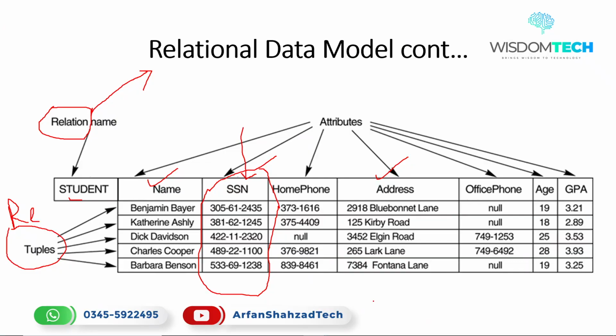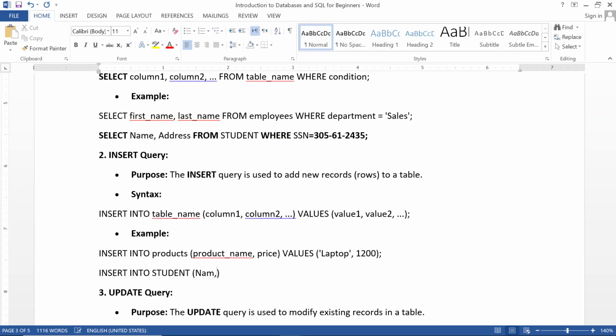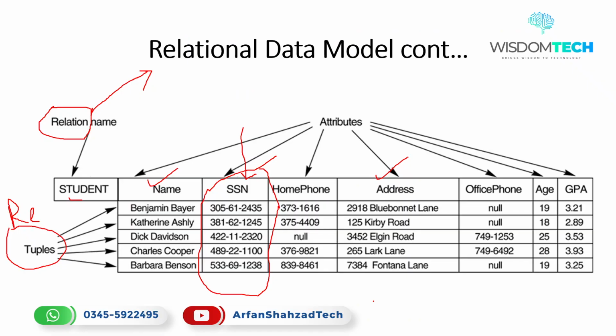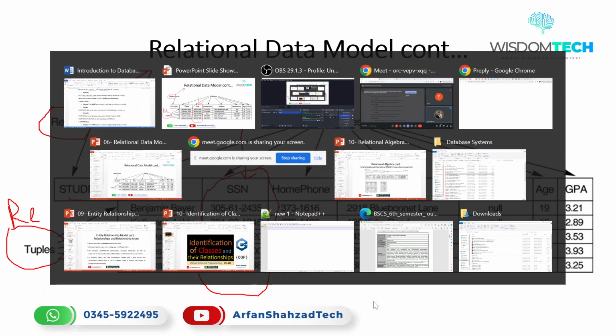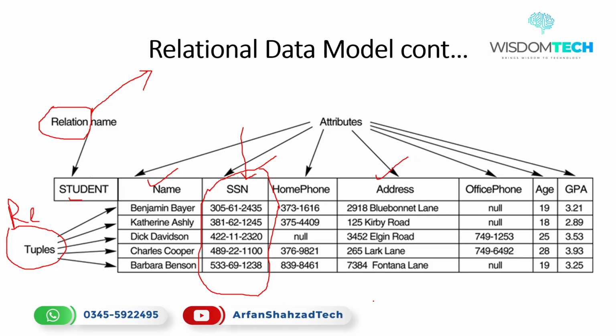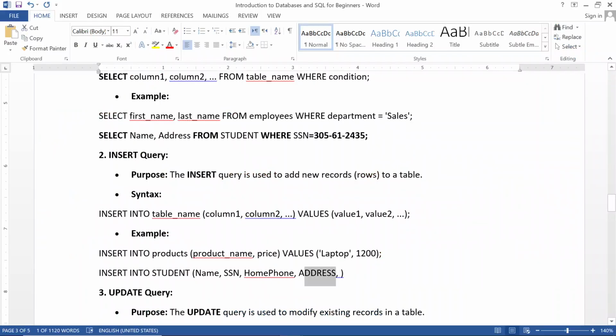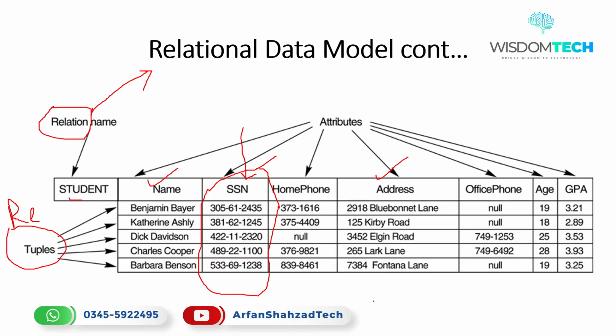For example, there are 1, 2, 3, 4, 5, 6, 7 columns: name, SSN, home phone, address, office phone, age, then GPA.